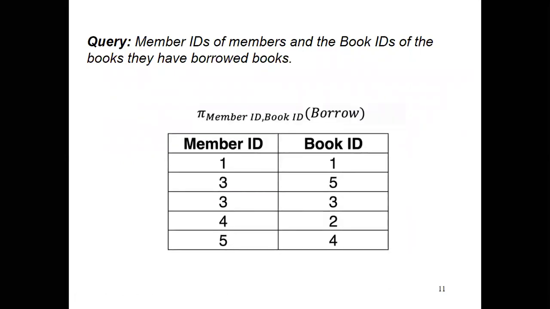Here pi, because it is asked member ID as well as book IDs. So pi, that is the project operator, member ID comma book ID from which table? Borrow table. So this will be the output. The output again is in the form of a relation, that is, a table of values. Hope it is clear for you.